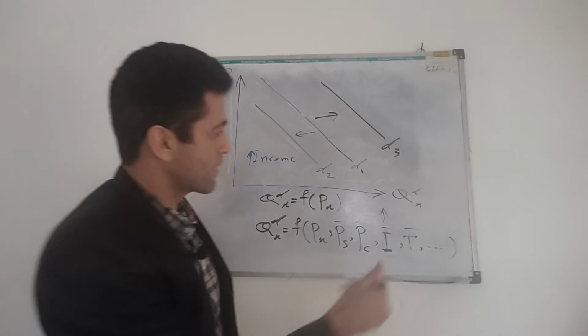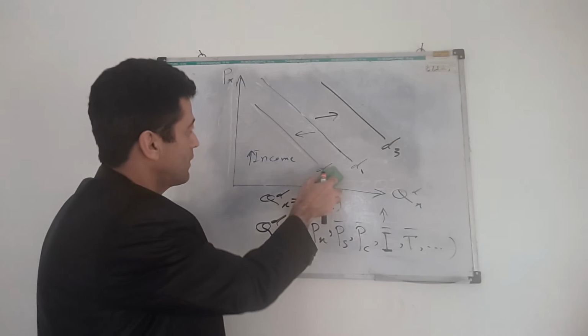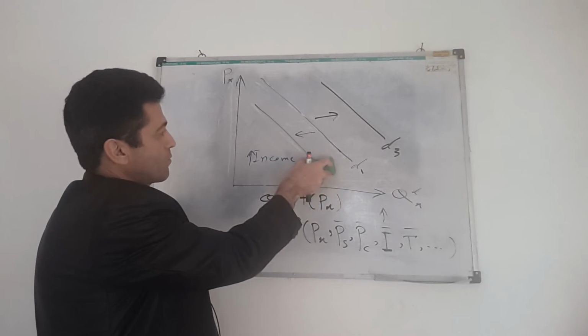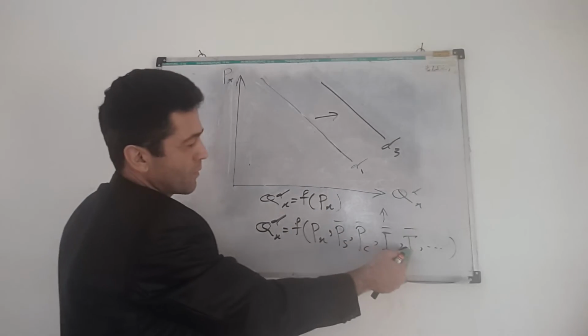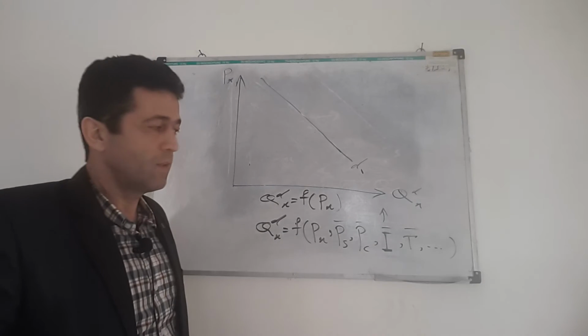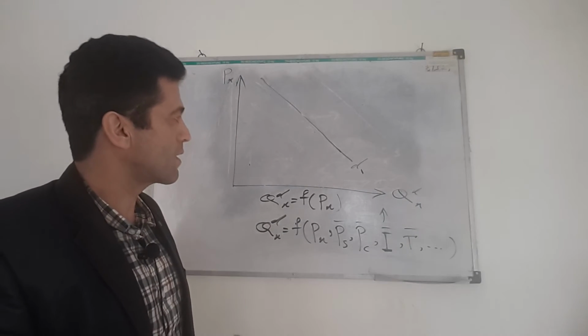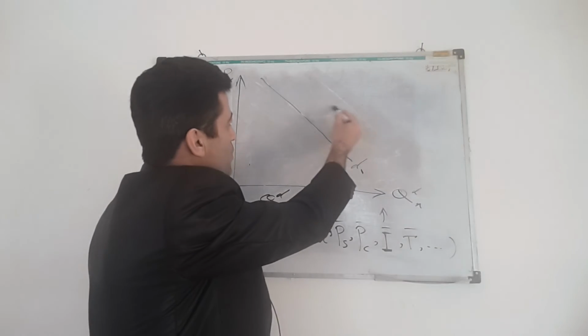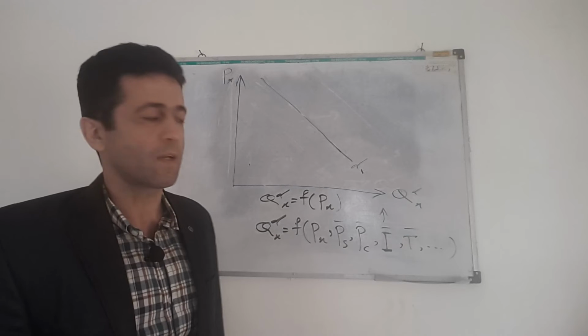Also, taste. Another factor that we have been considering as constant is taste. When our desire for buying something increases, we will buy much more of that good, and the demand curve will shift to the right side.